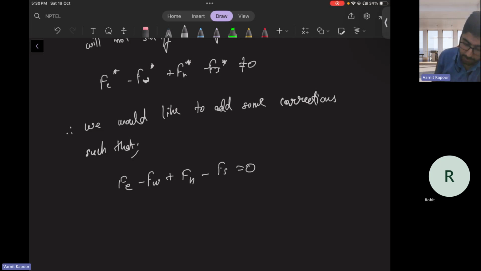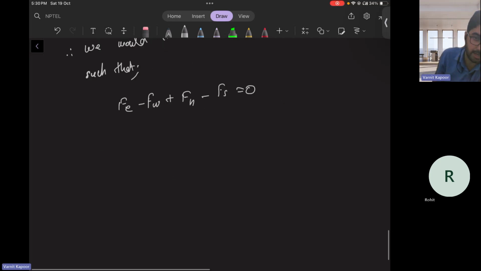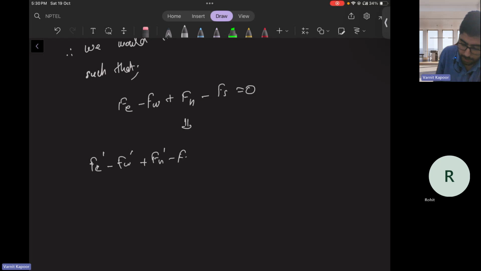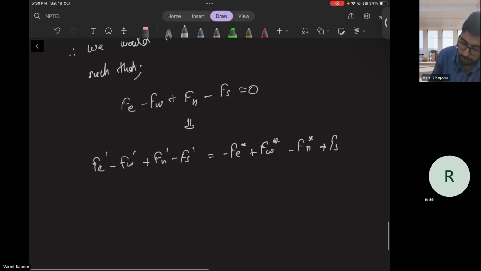Let me write this equation in terms of star and prime notation. This can be written as Fe dash minus Fw dash plus Fn dash minus Fs dash equals minus Fe star plus Fw star minus Fn star plus Fs star, and these stars are the known.